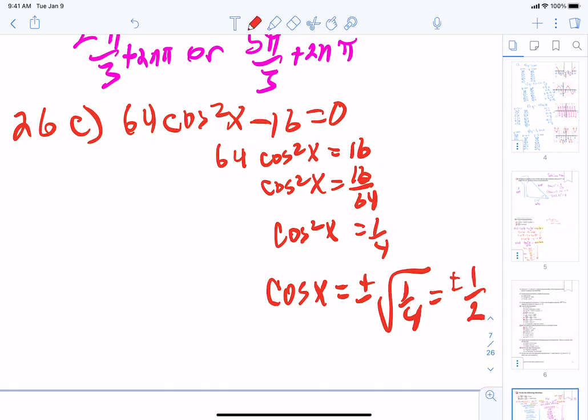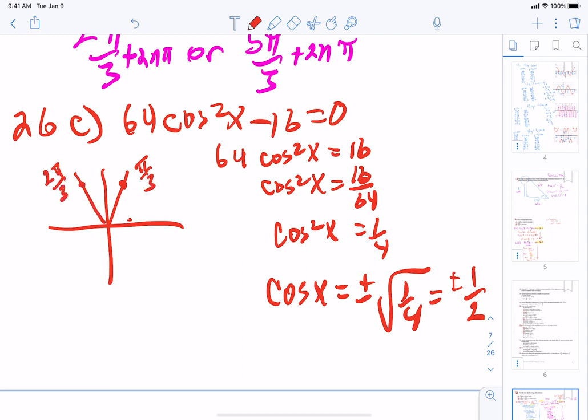So now, again, as soon as you get to that point, you're not done. Go to the unit circle and say, well, where does that happen? We keep getting the pi over 3s. The cosine is plus or minus 1/2 at all the pi over 3s. So pi over 3, 2 pi over 3, 4 pi over 3, and 5 pi over 3.